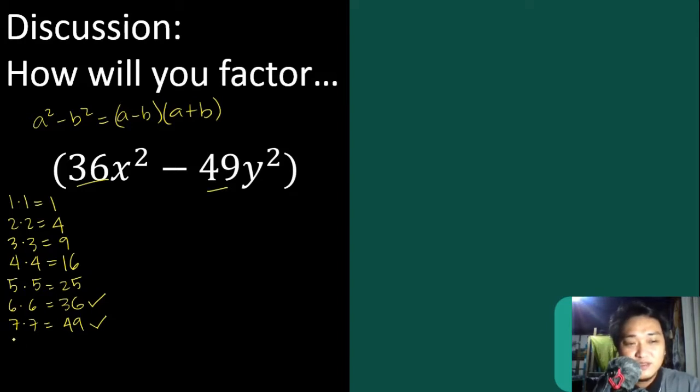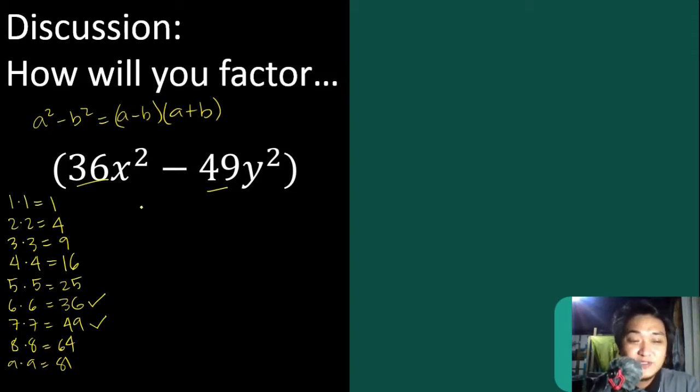And then, we can go on. 8 times 8 is equivalent to 64. 9 times 9 is equivalent to 81. 10 times 10 is 100. 11 times 11 is 121. Yung mga numbers na yun, 1, 4, 9, 16, 25, 36, 49, 64, 81, and so on and so forth. Yun yung mga perfect square numbers.